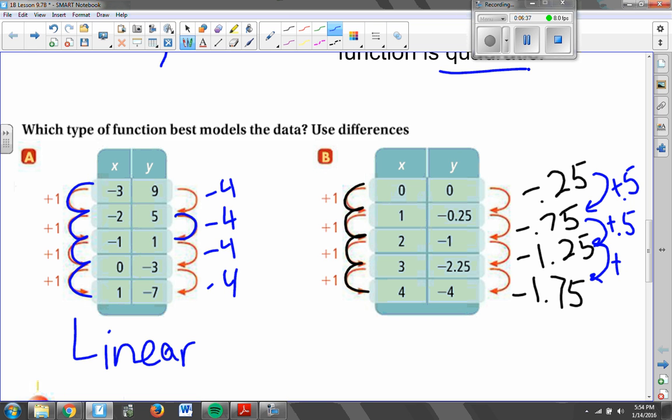Because it's 25, 75, 125, 175, I'm adding 50 cents or 0.5 every time I go down one of my differences. That means first differences are different, second differences are the same. This is quadratic.